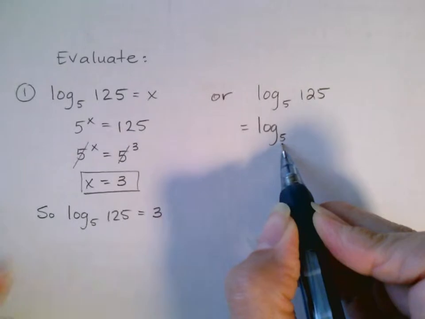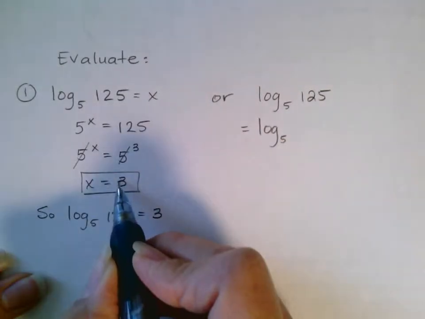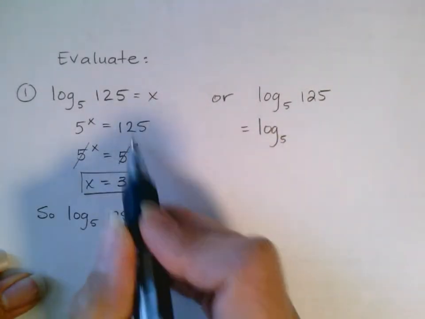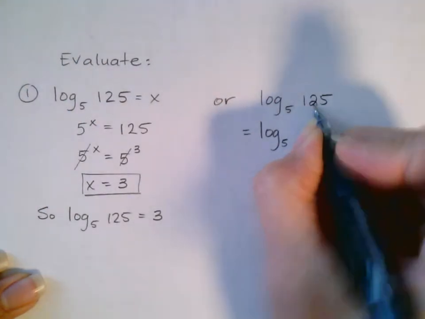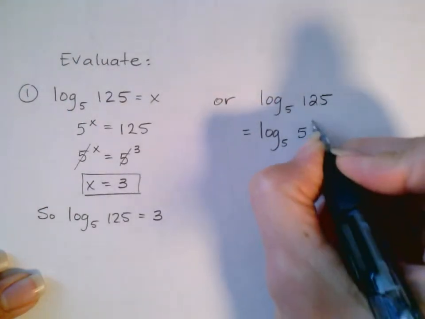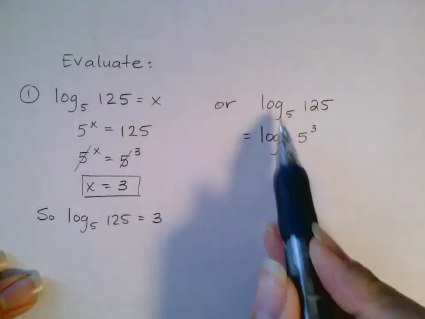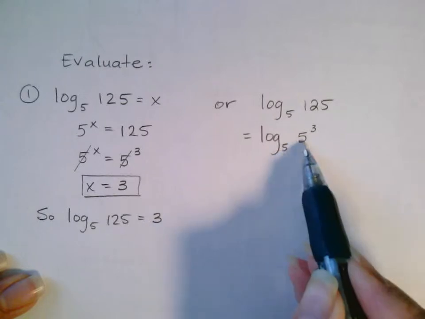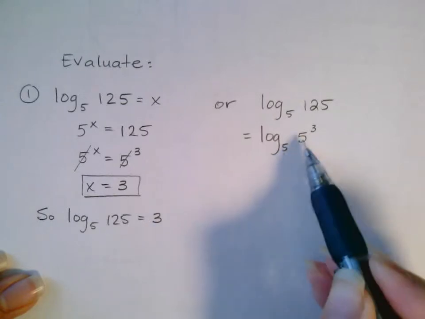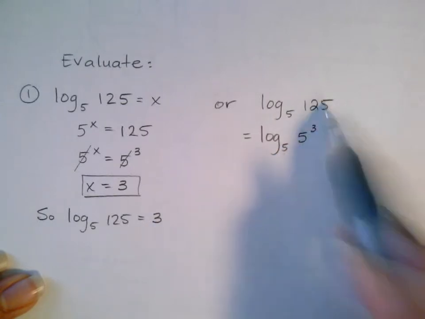And we know from the previous property that 5 to the third is the same thing as 125. So if you start getting accustomed, you can just say, well, I know 125 is 5 to the third power. Okay, so log comes down, 5 comes down, and whatever this number is, write it here and try to find that number to what power gives me 125, or whatever number you see in that position.